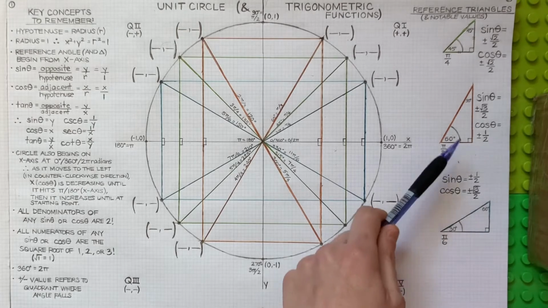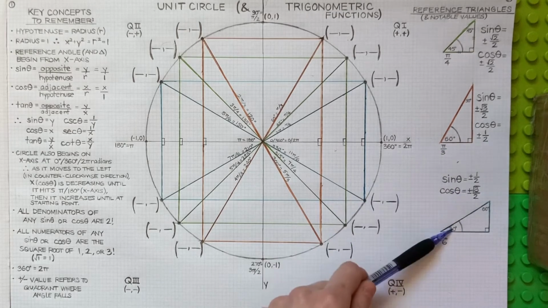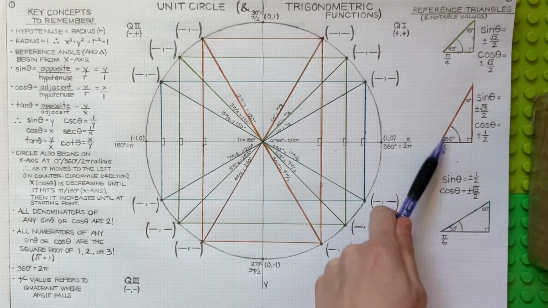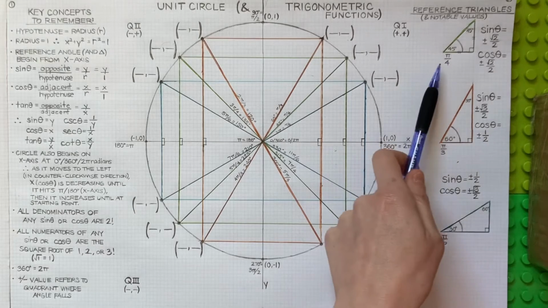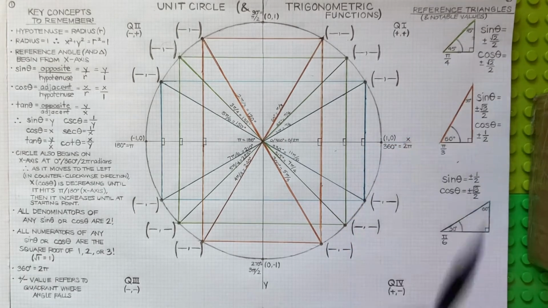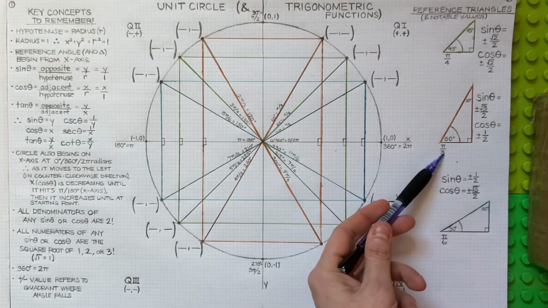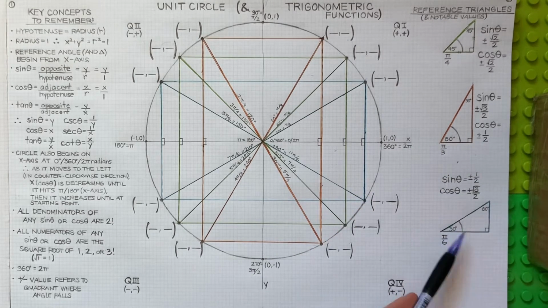However, we'll be focusing on the 2 different angles that are associated with them, so the 30 degrees and the 60 degrees. Here I have written down the 45-degree triangle is always going to be associated with a pi over 4 value in radians, and the 60-degree will always be associated with the pi over 3 values. The 30 degrees will always be associated with the pi over 6 radian.